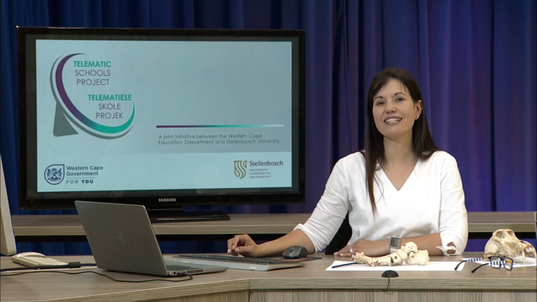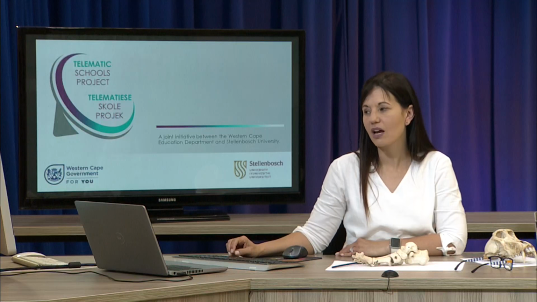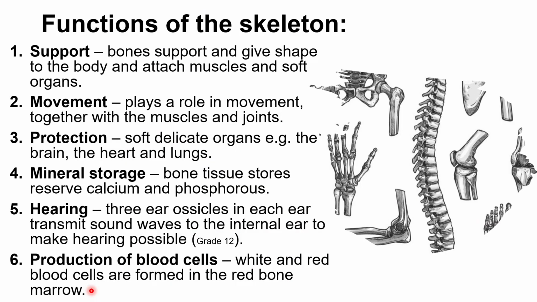Right, let's quickly see what is the function of our skeleton. There's 6 major functions. It is there for support, movement, protection, minerals storage, hearing, and then the production of blood cells.